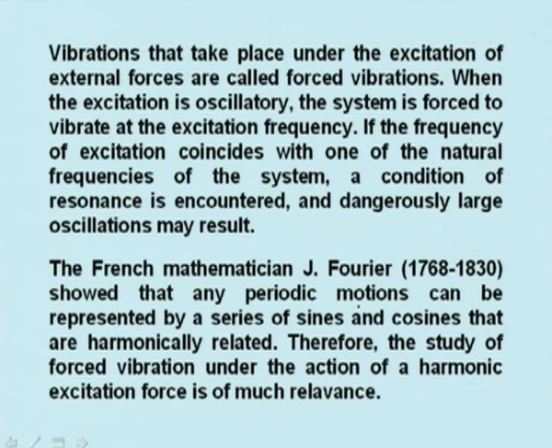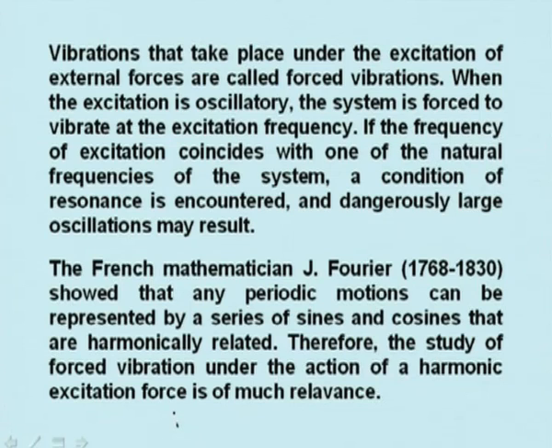The French mathematician J. Fourier, who was born in 1768 and died in 1830, showed that any periodic motion can be represented by a series of sines and cosines that are harmonically related.